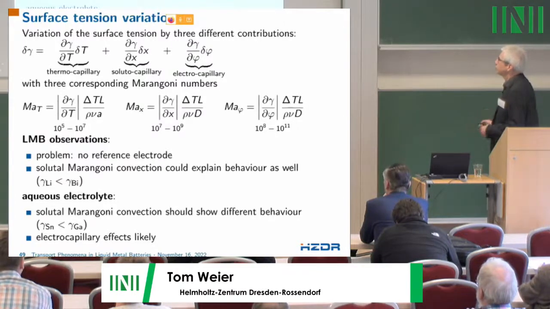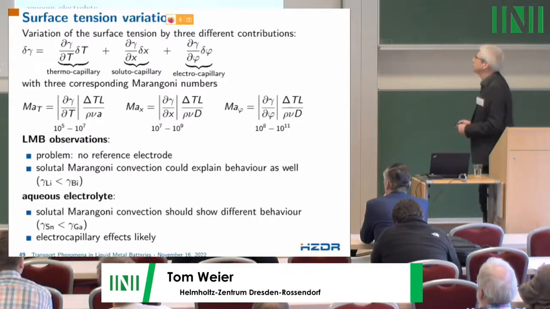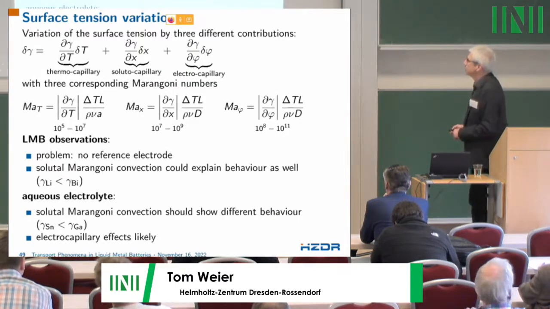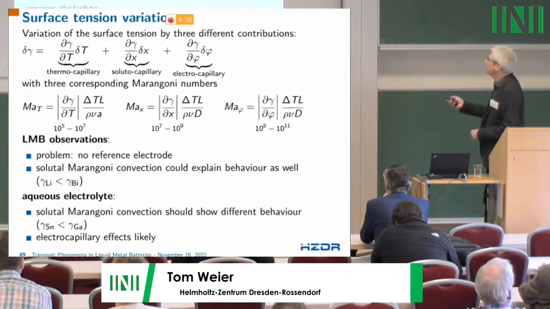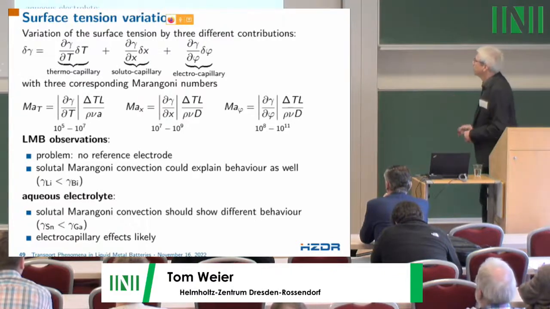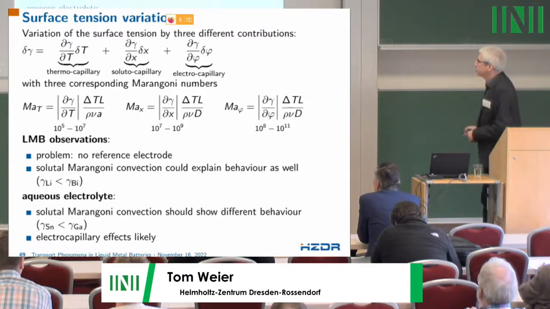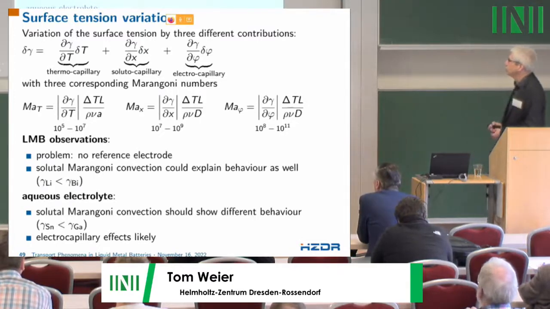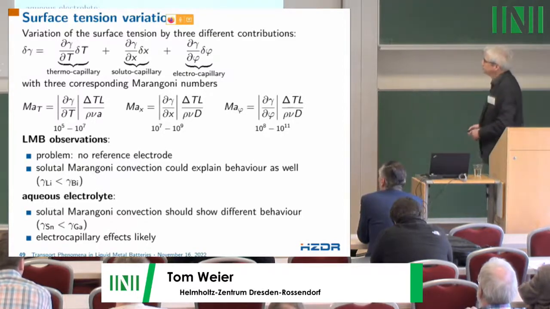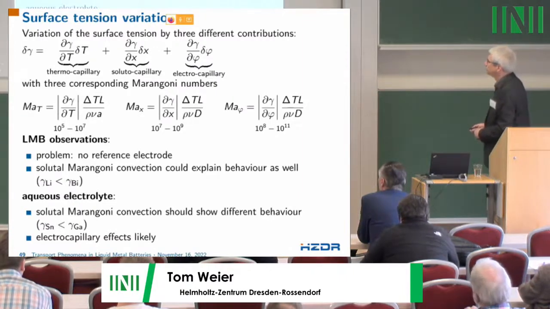You have thermocapillarity, solutocapillarity, and the mentioned electrocapillary effects. You can compute, as Garrett did, corresponding Marangoni numbers for this. Turns out that electrocapillarity seems to be strongest. For our LMB observations, we have the problem that we just do not know where we are with the potential, so we do not know on which branch of the interfacial tension curve we are.